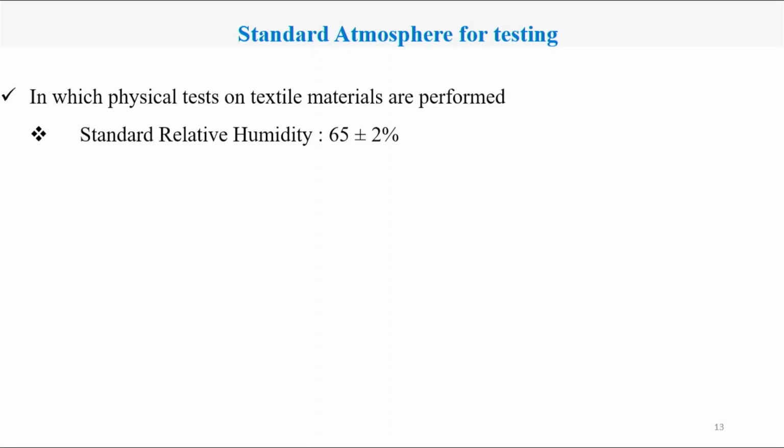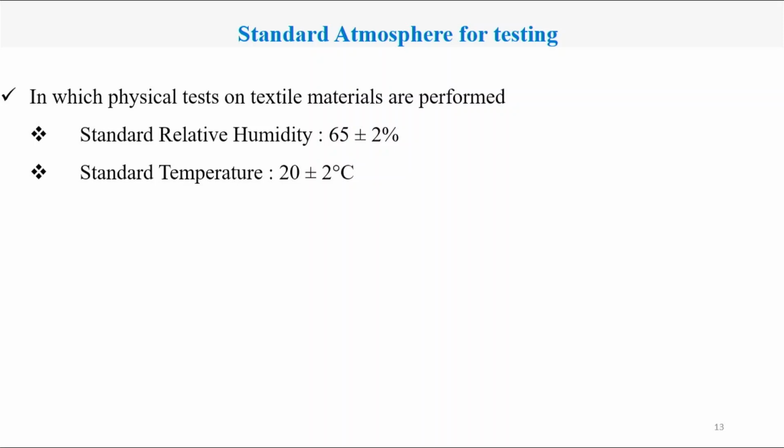For that, as we have discussed, a standard atmosphere is there for testing of textile material. Standard atmosphere is 65 plus minus 2% relative humidity. Standard temperature is 20 plus minus 2 degrees Celsius.